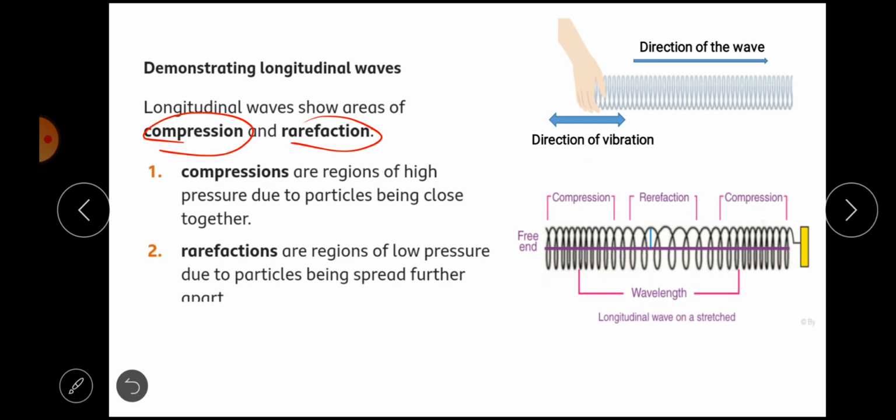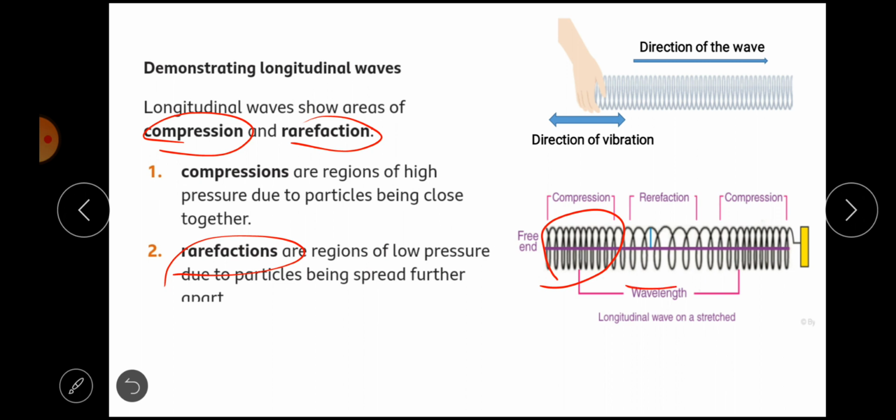Looking at this region here, it is a region of compression because the particles, or the coils in this case, because it's a spring, are close together. So there is high pressure there. And then there are rarefactions.